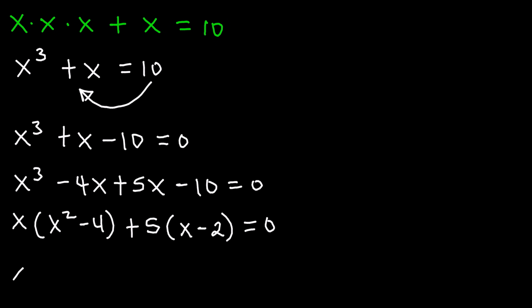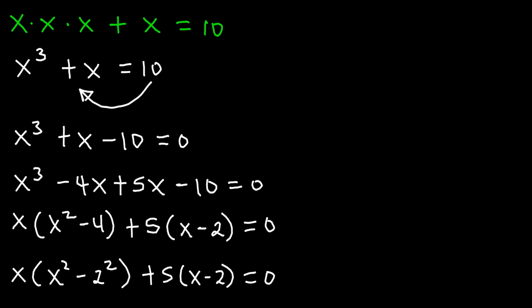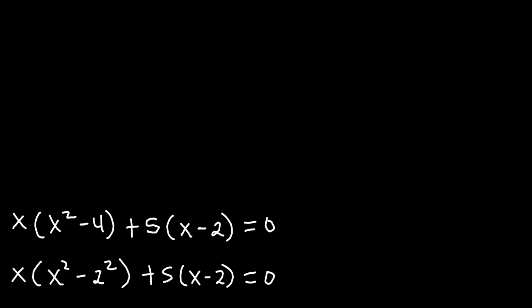So we shall have x into x to the power of 2 minus, now 4 is the same as 2 raised to the power of 2, and then plus 5 into x minus 2, and this will be equal to 0. Now if you remember, we know that a to the power of 2 minus b to the power of 2 is the same as a plus b, and then times a minus b.